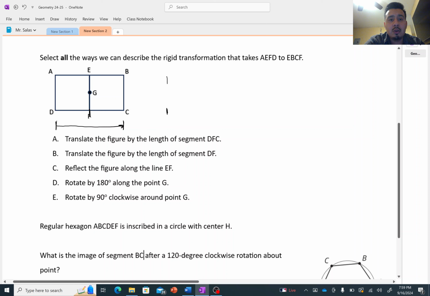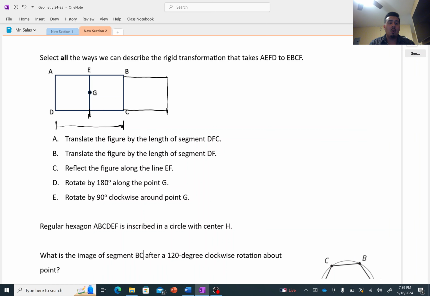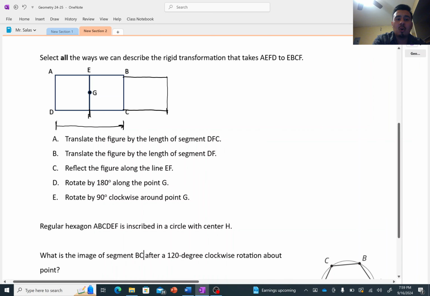So my new square should be somewhere out here. Question, do the squares now overlap, or are they still next to each other? Yeah, they're next to each other, right? So option A is false. Option A does not work. Okay, so we can cross off A.